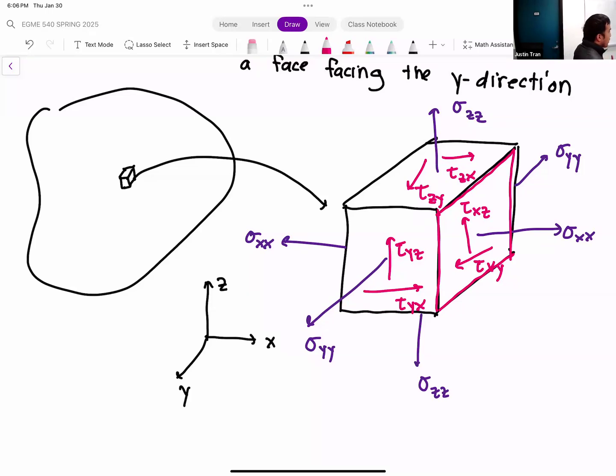And then there are corresponding matching shear forces on the three faces that you can't see, so on the back side as well. Okay. Any questions on this figure here?